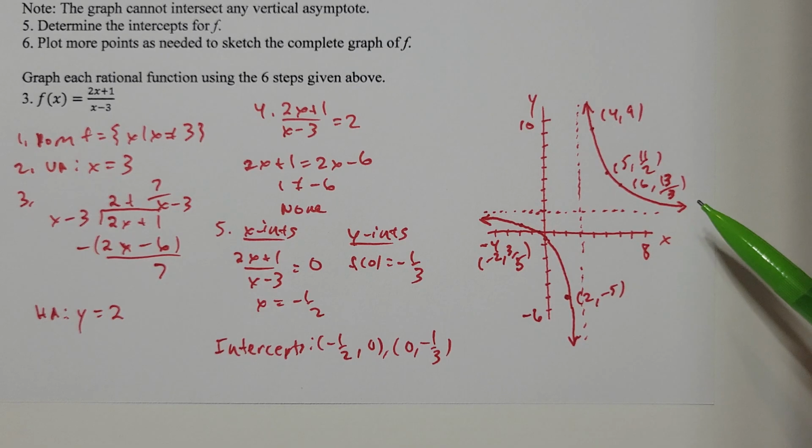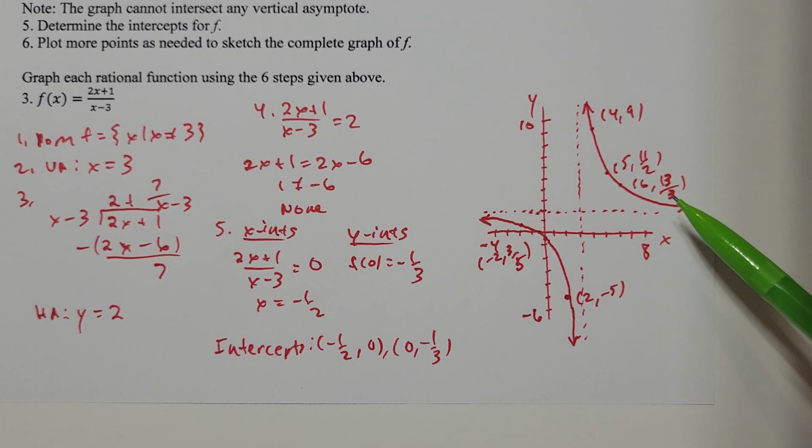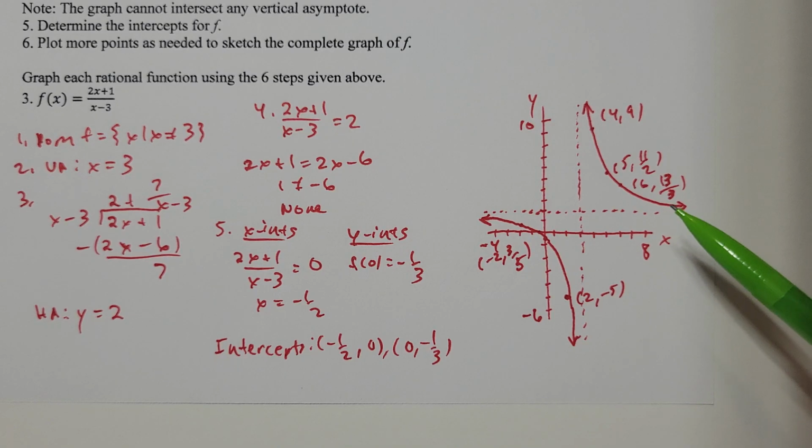So it's got to behave with respect to the asymptotes. You can plot as many points as you want, but keep in mind that you shouldn't need lots and lots of points here.